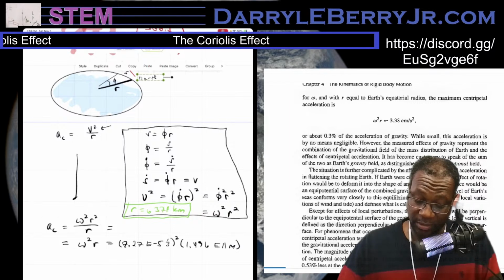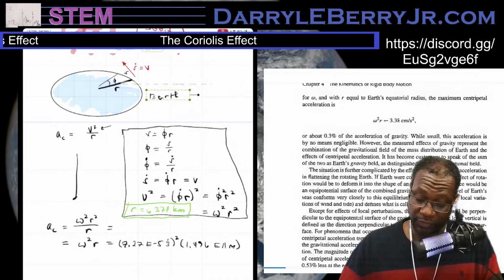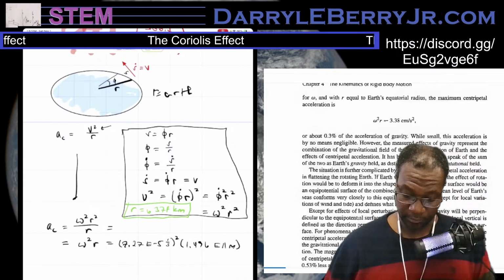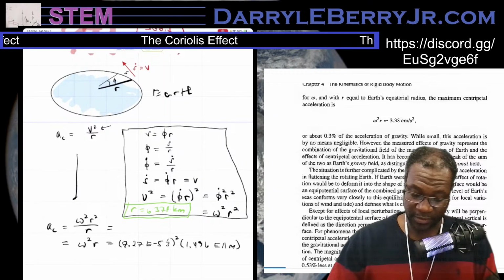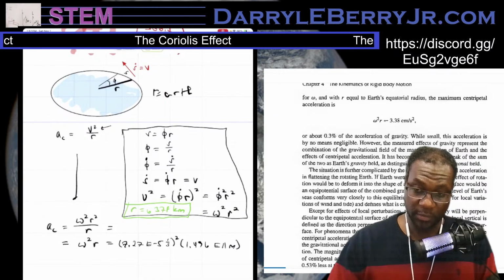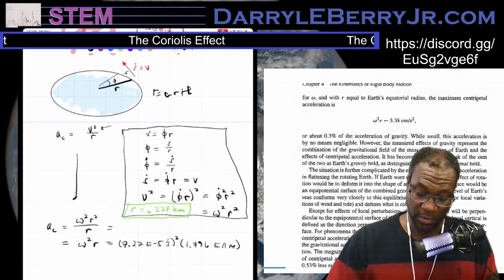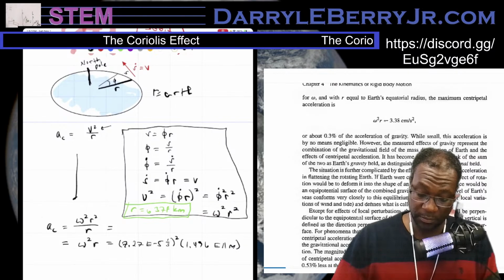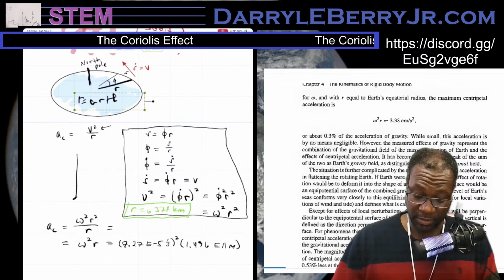And the velocity is the tangential velocity of the surface as it spins. There we go. So the math and physics is still the same. It's just a jump straight to a solar system view. This is the North Pole. All right, now we're on the same page.